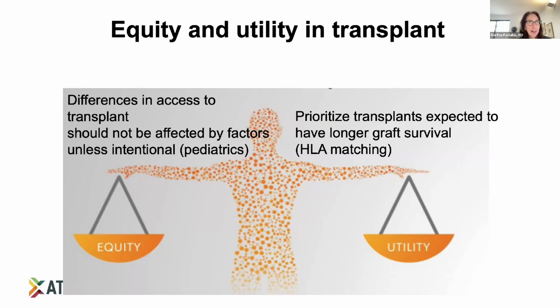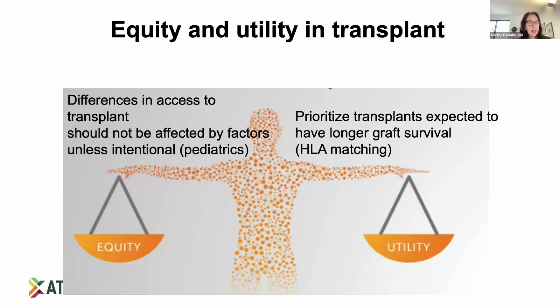Anytime I've explained KDPI to my patients, I say, and they've understood, 0 to 100, and the kidneys that are going to last the longest are in the 0 to 20% category. And I say we preferentially allocate those to young people, children and young adults. And no matter who they are, my experience has always been the response is, yeah, that makes sense, right?